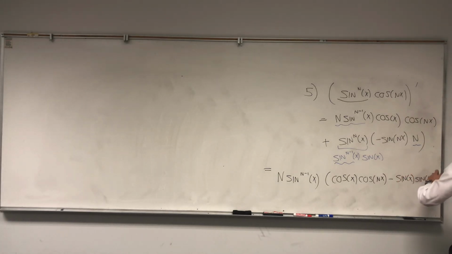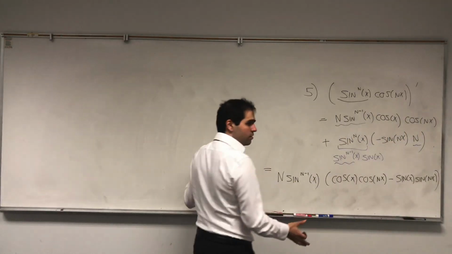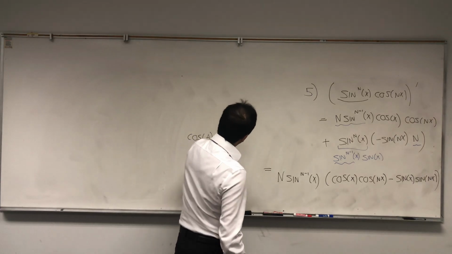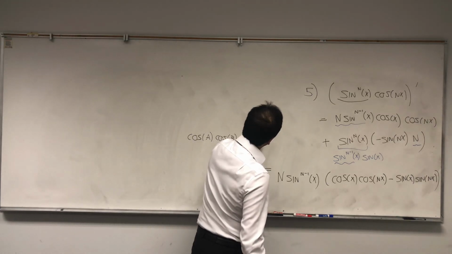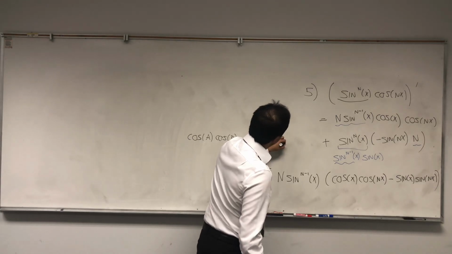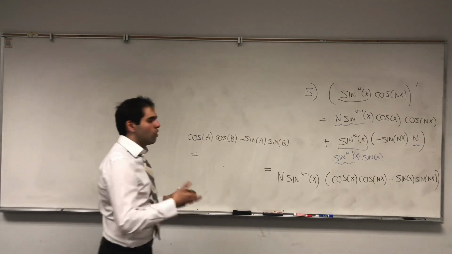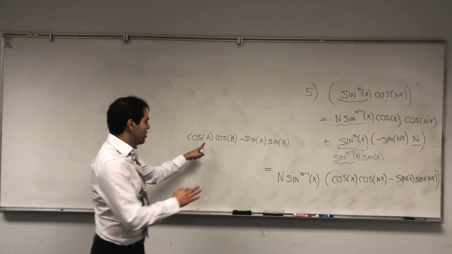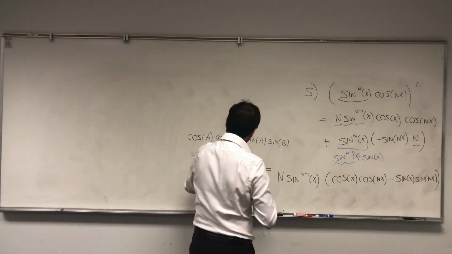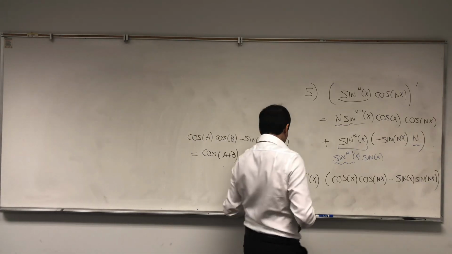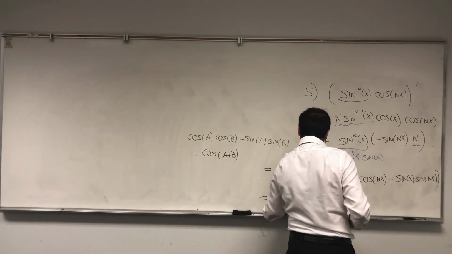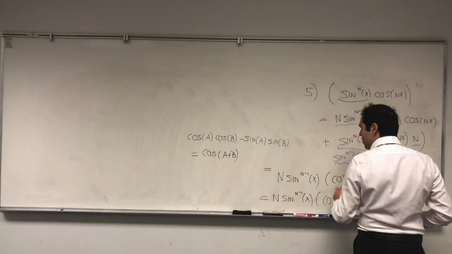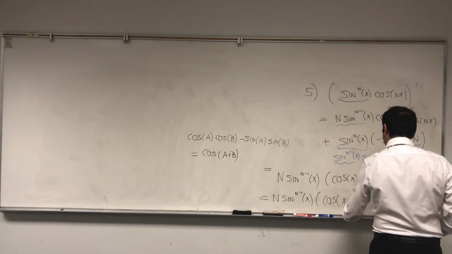And you may notice this is of the form cosine of A, cosine of B, minus sine of A, sine of B, which should remind you of cosine squared minus sine squared, which is cosine of 2x, but here we get cosine of A plus B. And that is n sine to the n minus 1 of x times cosine of x plus nx.